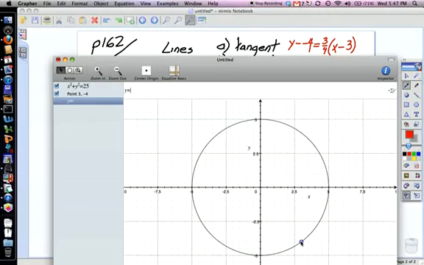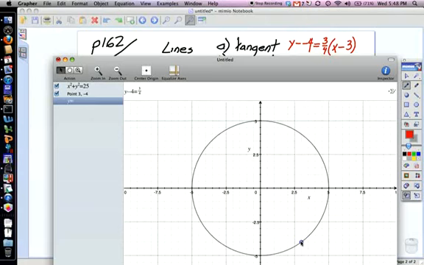So y minus negative 4 equals 3/4 times x minus 3. Graph that. Oh, look at that. Isn't that beautiful? It's a nice tangent line, goes right through our point, and you can really see that the slope is just perfect.